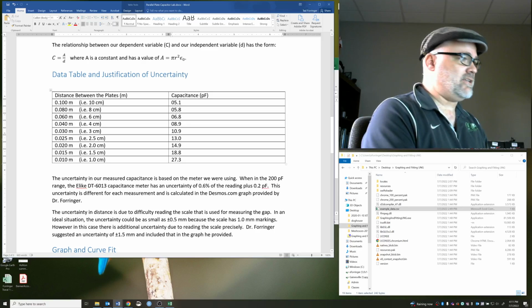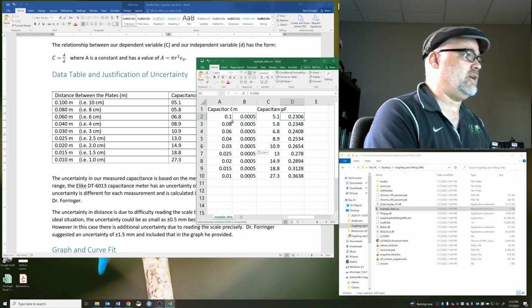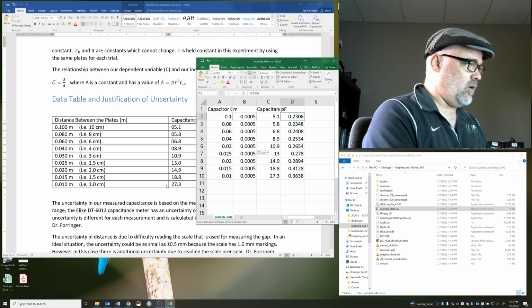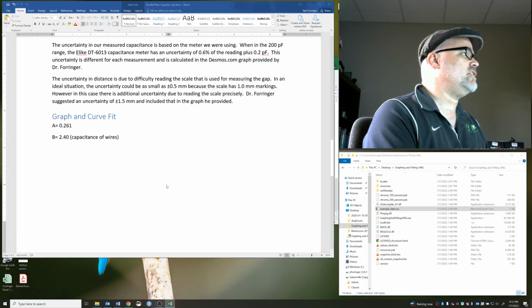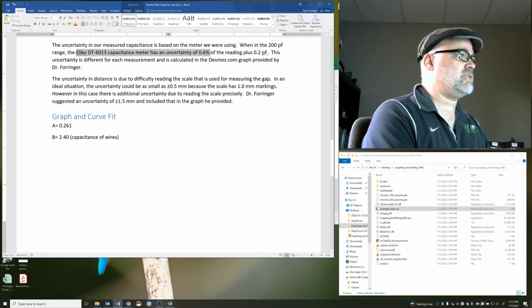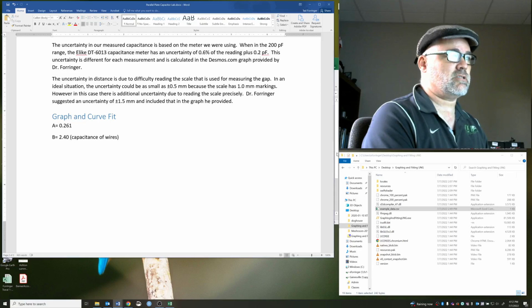So the next thing I needed was the capacitances, so I got those from the student data. And then I need the uncertainty in the capacitance. What we found looking at the manual was that this particular capacitance probe has an uncertainty of 0.6% of the reading plus 0.2 picofarads.